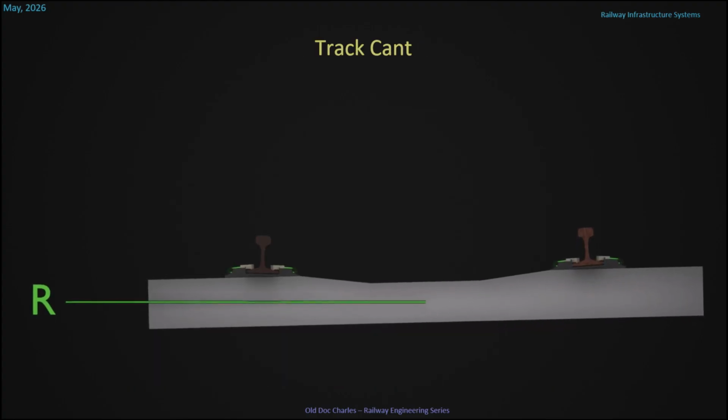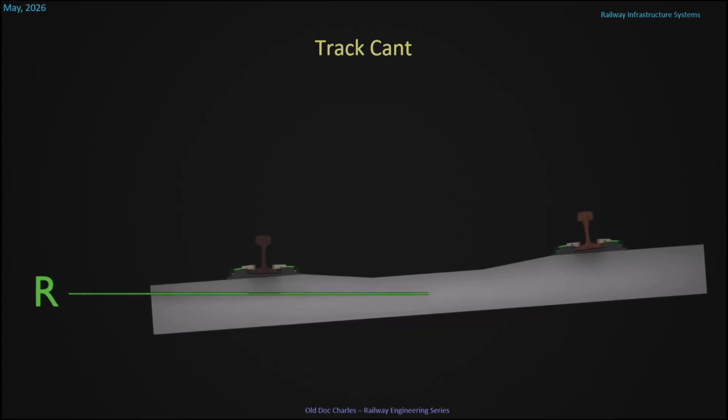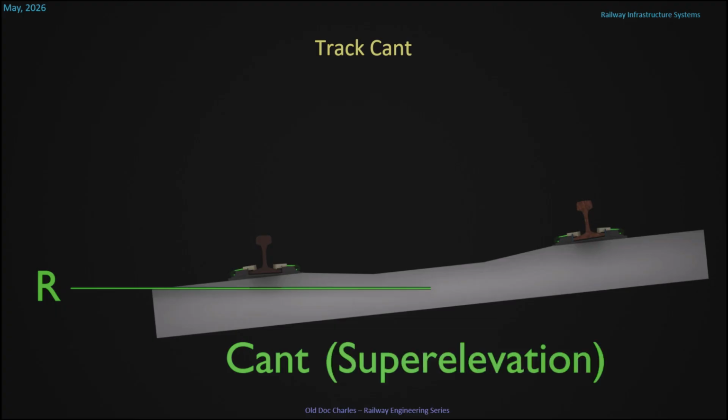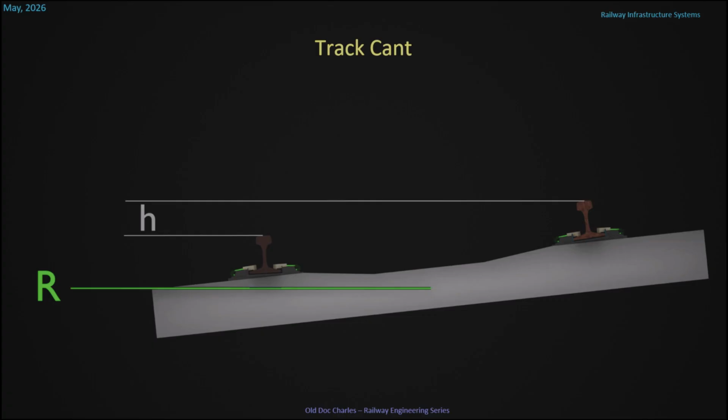In a curve, the outer rail is raised in order to reduce the lateral track forces. And we call this cant, or sometimes super elevation, depending on what railway or administration you work for. We measure cant as the height difference between the inner and the outer rail.